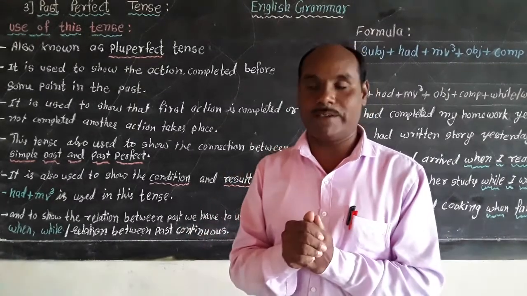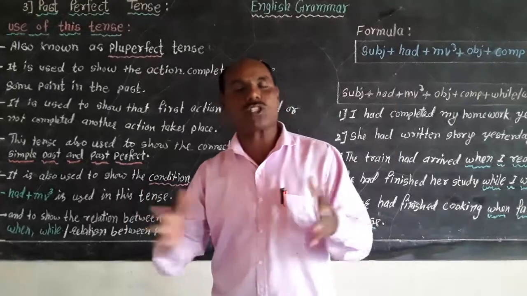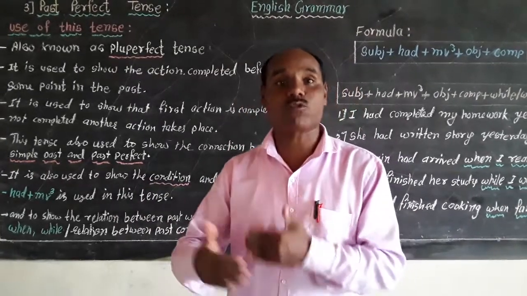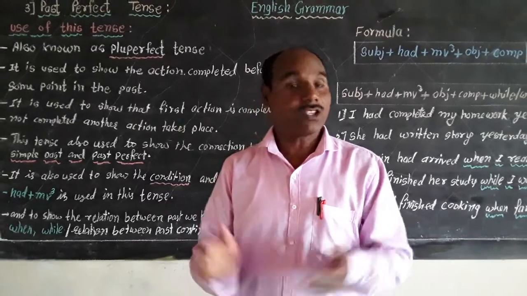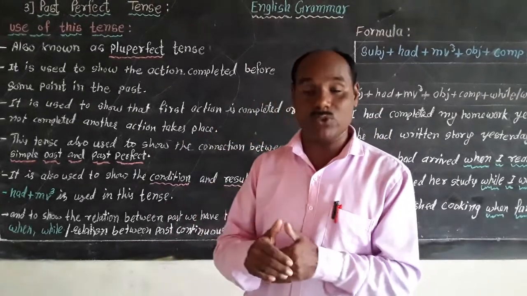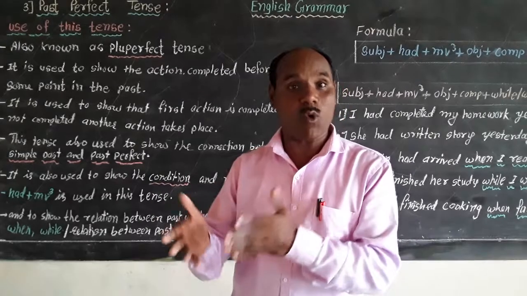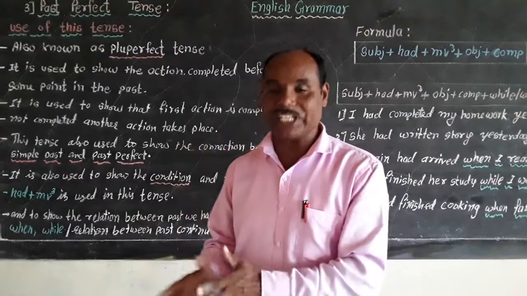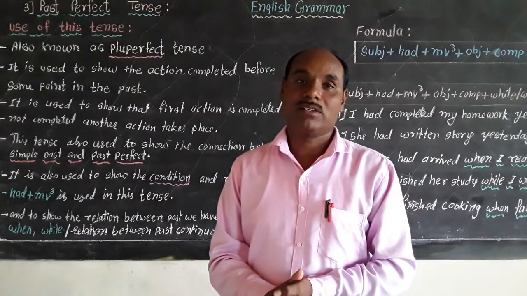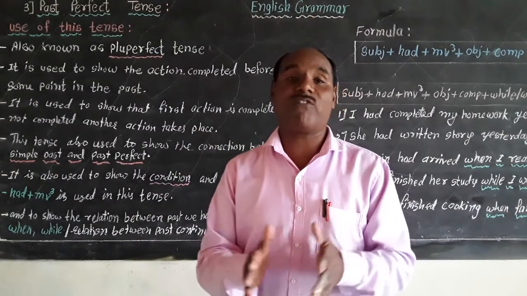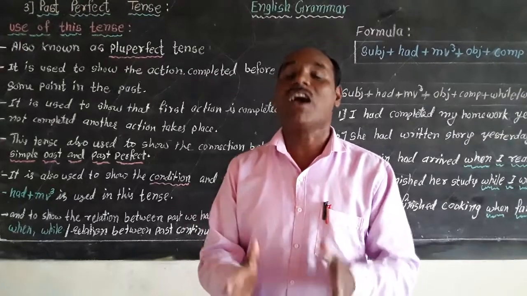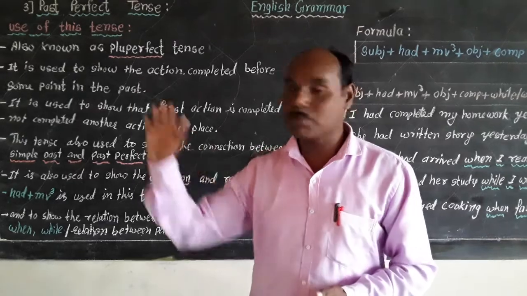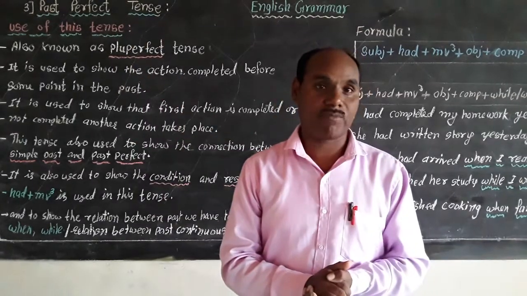When someone asks you a question, in which tense do you have to answer? If you know that this tense is used to show an action that was started in the past and completed a few moments later in the past, then you can use the past perfect tense to convey your message or your feelings to another person.